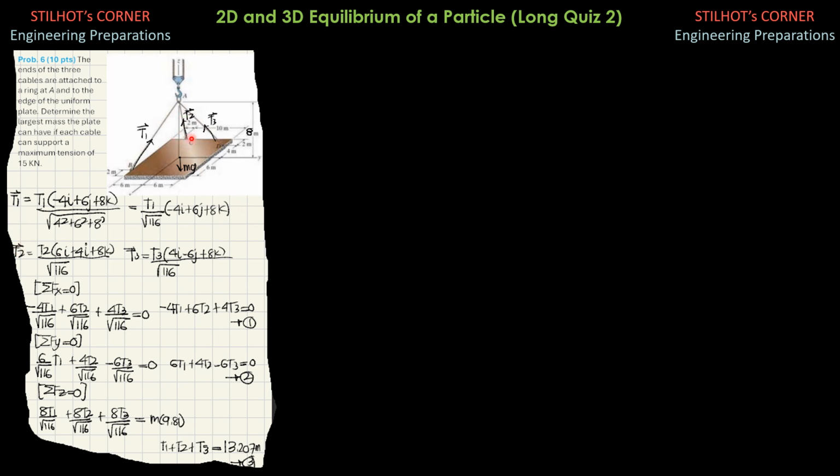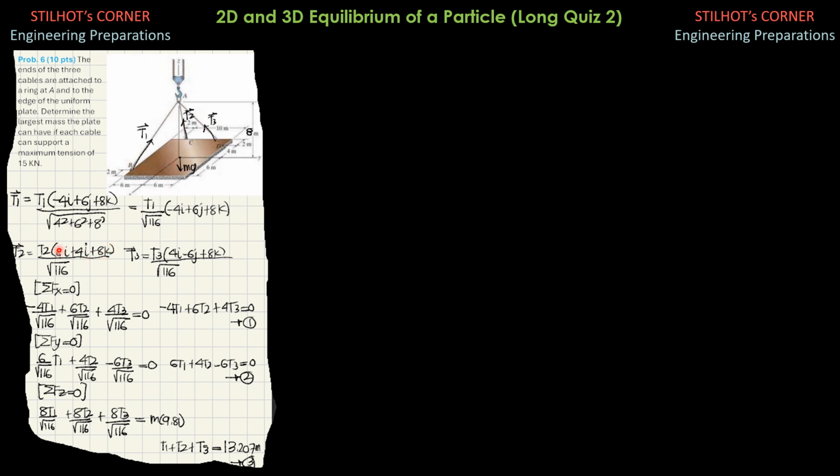Tension T2 is directed forward. So from this edge to the center, that's 6 meters, so 6i. So magnitude of tension T2 times the quantity 6i. Then rightward, so it is already 2, so 4 plus 4 to make it 6, so 4j. Then upward 8, so 8k.